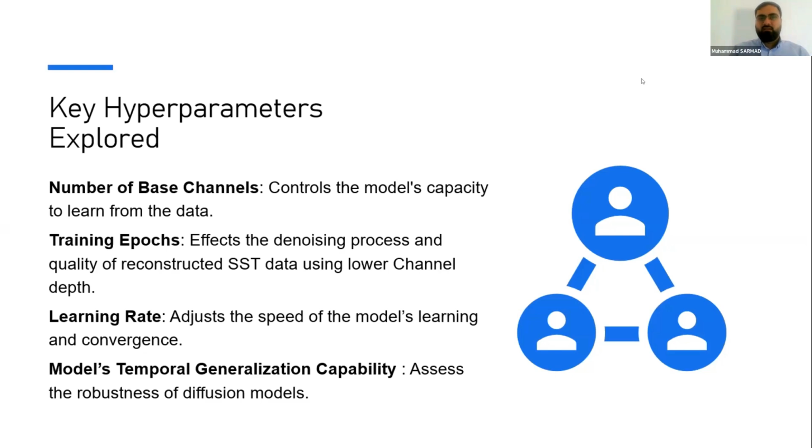Then increasing the training epochs affects the denoising process and the quality of reconstructed sea surface temperature data using lower channel depth. Then we also explore the learning rate, which adjusts the speed of the model's learning and convergence. Also, we try to assess the model's temporal generalization capability by assessing the robustness of our diffusion model.